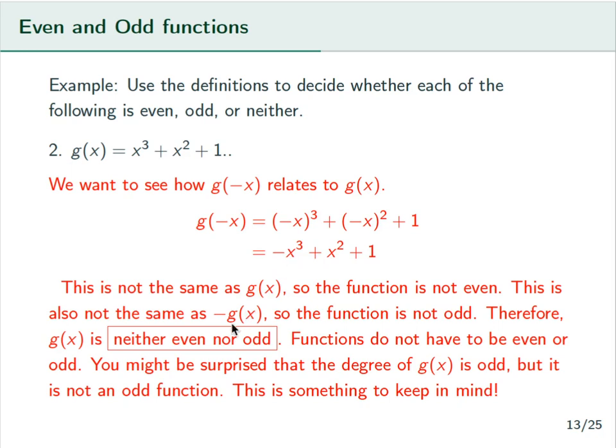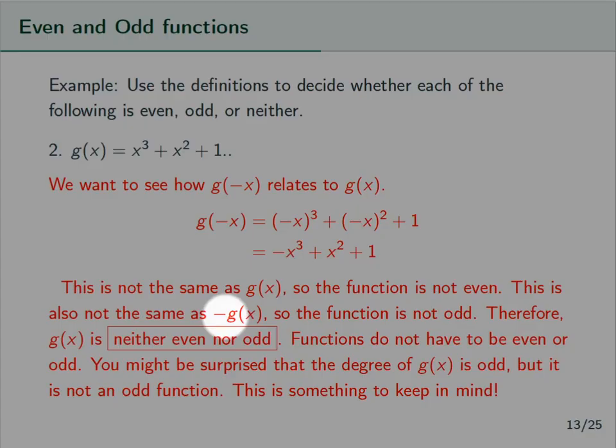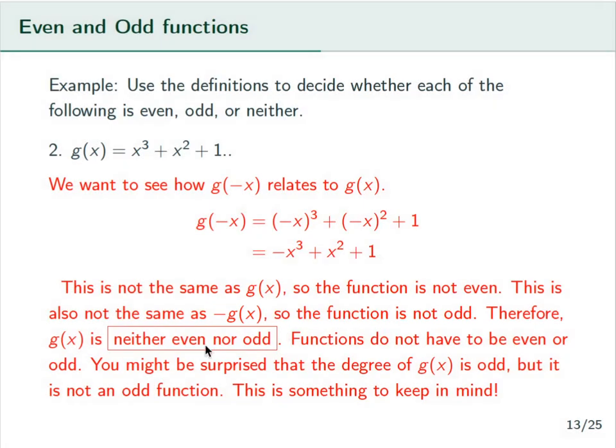This is also not the same as negative g of x. To be negative g of x, we have to multiply all three terms by negative. So had this been negative x cubed minus x squared minus 1, then it would be an odd function. But since it's not, this is not an odd function either. Therefore, g of x is neither even nor odd.